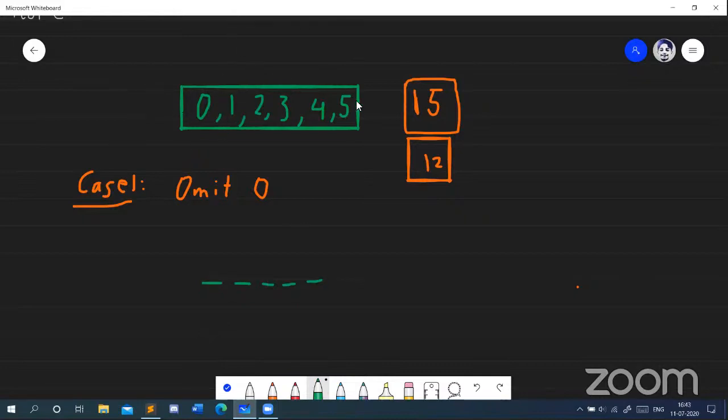And I'm going to arrange these digits in a line, because every arrangement of these digits in a line will correspond to one unique number. And therefore, I have 5 things to arrange and 5 blanks. So my answer will be 5 factorial for case 1, right?